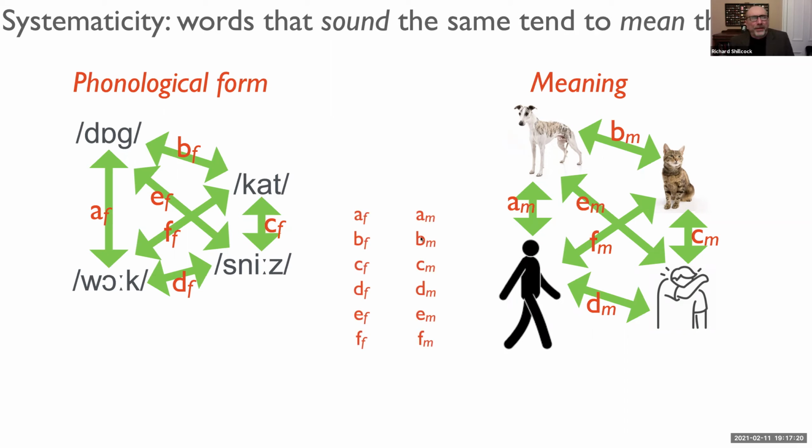The A's here are the distance between dog and walk for the form, the spoken form on the one side, for the meaning on this side. So all of these numbers correspond here, the distances. So the C one there is from cat to sneeze.